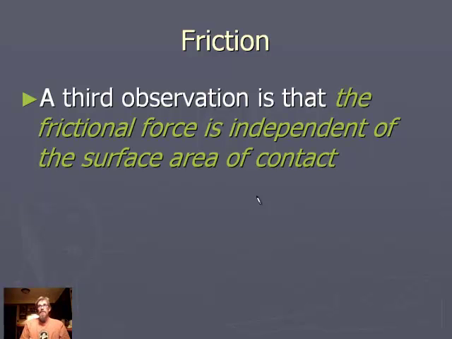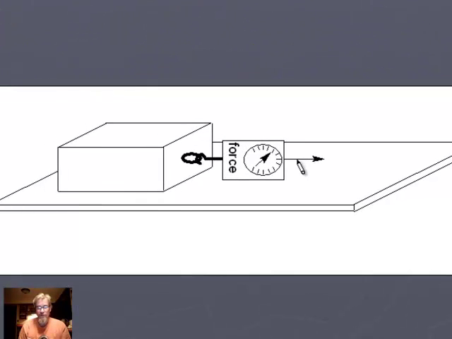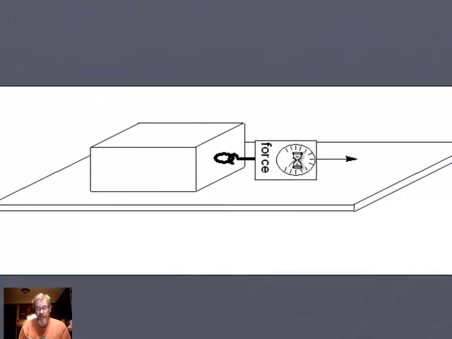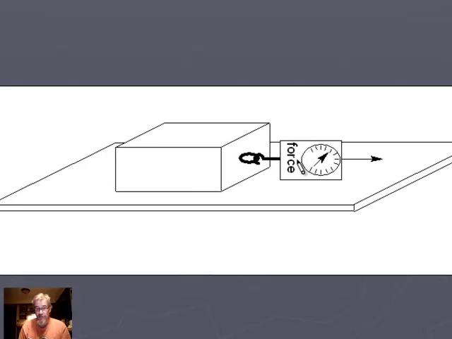A third observation that a test like this shows is that the frictional force turns out not to be dependent on how big the surface area of contact is for a given normal force. So here I'm pulling the block of wood laying on its biggest edge on the flat face, and you can see the force of friction right there on the scale.